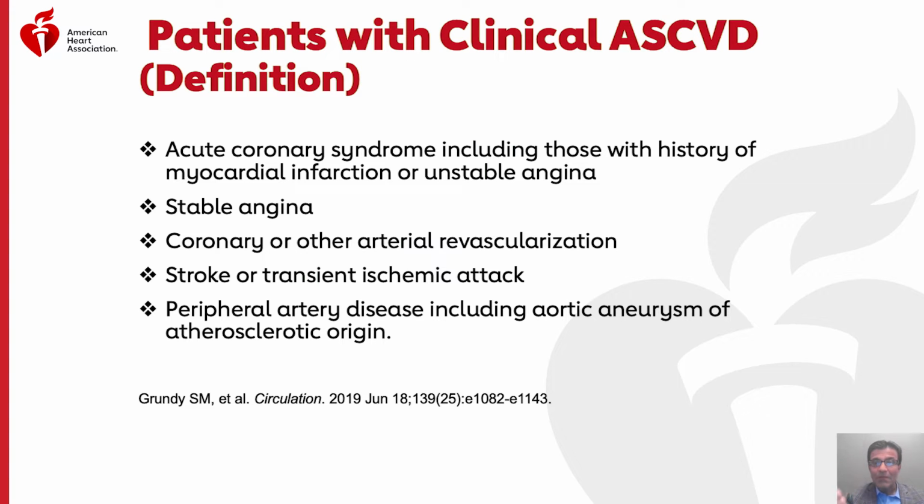So somebody had myocardial infarction, whether that was ST elevation myocardial infarction, non-ST segment elevation myocardial infarction, unstable angina, stable angina, somebody who had any form of coronary or other revascularization performed. So if they had PCI, if they had bypass surgery, stroke or transient ischemic attacks, as well as patients with peripheral artery disease, including those with aneurysms that are deemed to be of atherosclerotic origin.